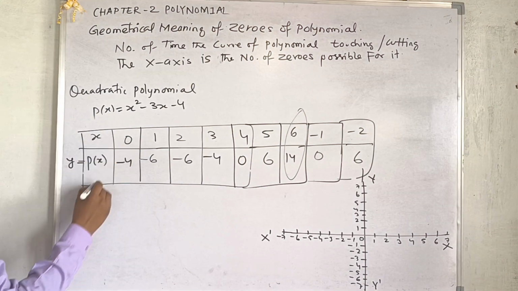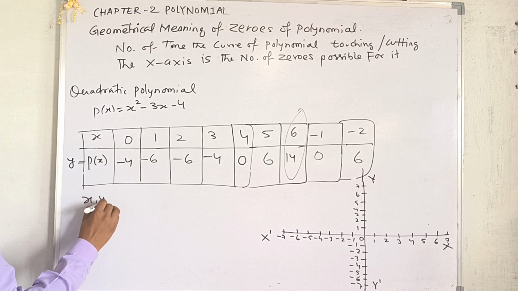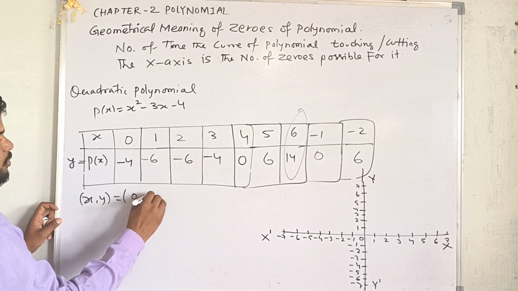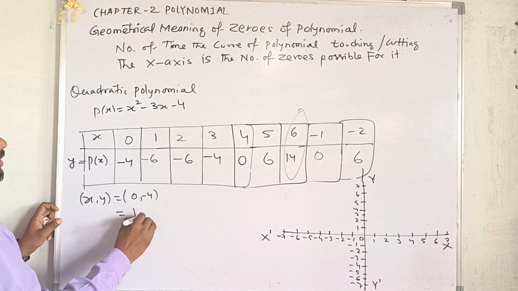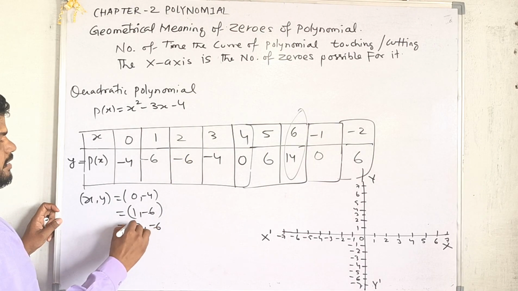Here x is equal to 0, y is equal to minus 4. When we plot, the coordinate will be x comma y, that is 0, minus 4. Similarly 1, minus 6, then 2, minus 6.